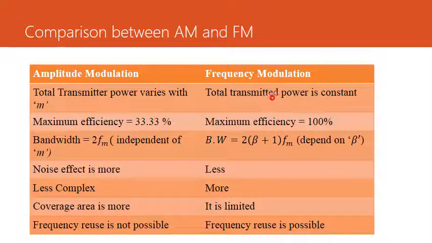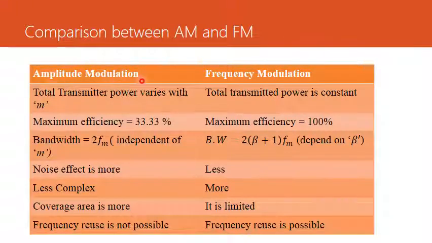The total transmitted power Pt is equal to Ec²/2R. The maximum efficiency in conventional AM is 33.33%, but in frequency modulation the maximum efficiency is 100%.